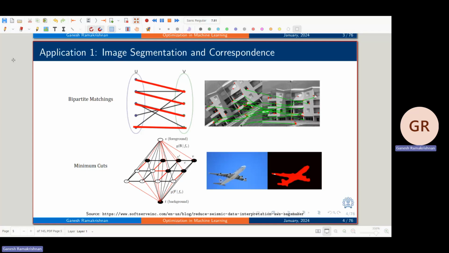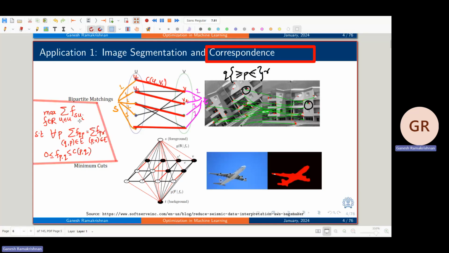So let's take that example, quantification of matching. In fact, what I'll do is add an imaginary element S called the source and an imaginary T called the sink.